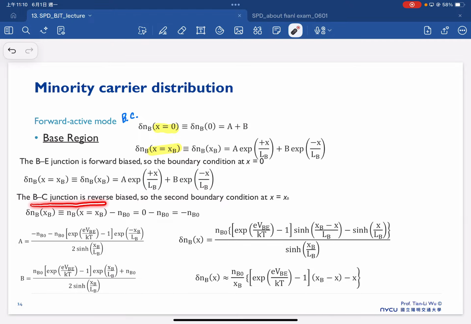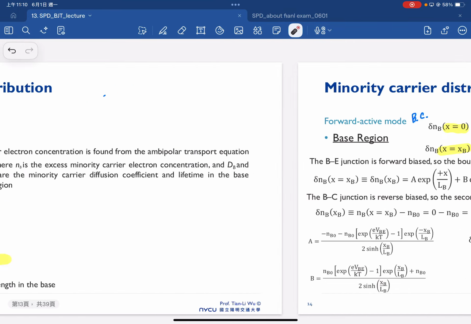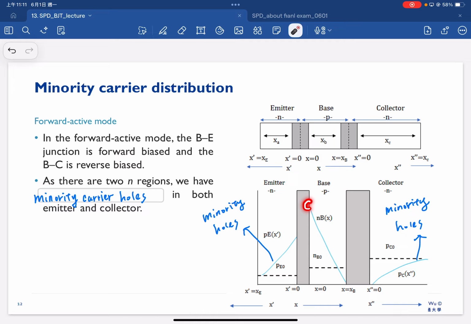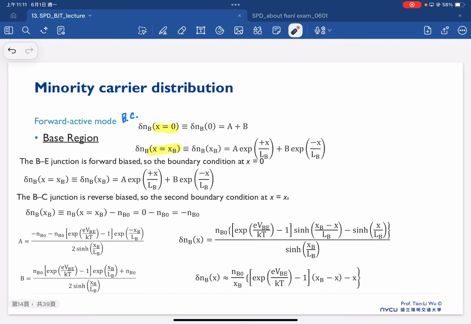The BC junction is reverse biased, so the second boundary condition at x equal to xB is here. We can use these boundary conditions to solve for the coefficients A and B, and finally we get the excess minority carrier distribution in the base region as shown here.